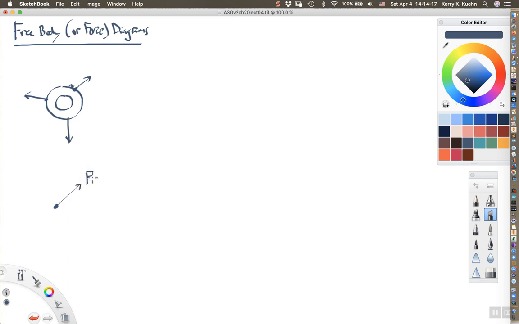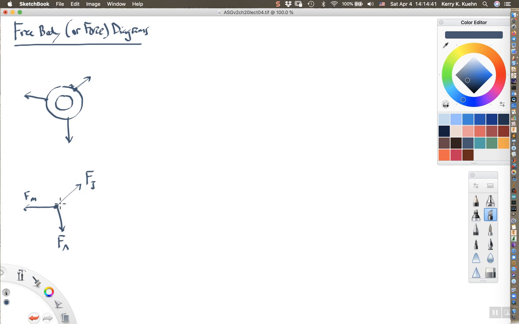This would be the force with which John is pulling, this would be Matthew's, and this would be April's. So that's an example of a free body or a force diagram. We're going to be doing a lot of these over the next few weeks, so it's good for you to get used to them at this point.